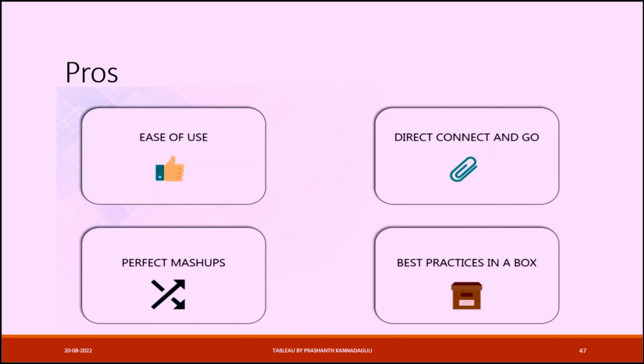Since we have not touched the business analytics part, we may not have a clear idea about that, but still, Tableau has been in the top five for the last 6 to 8 years. It's still at the top.